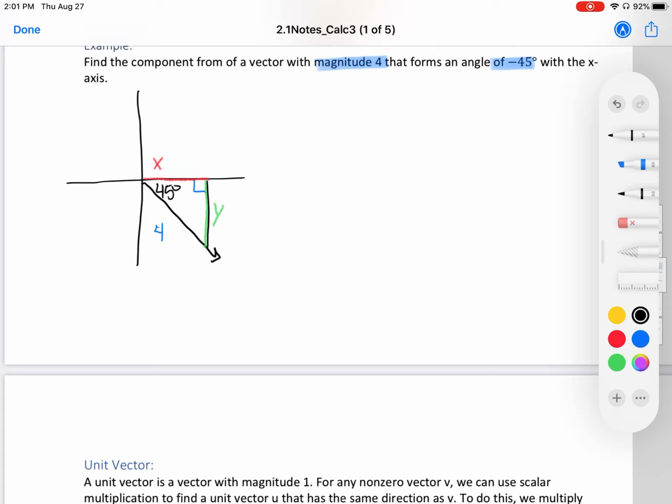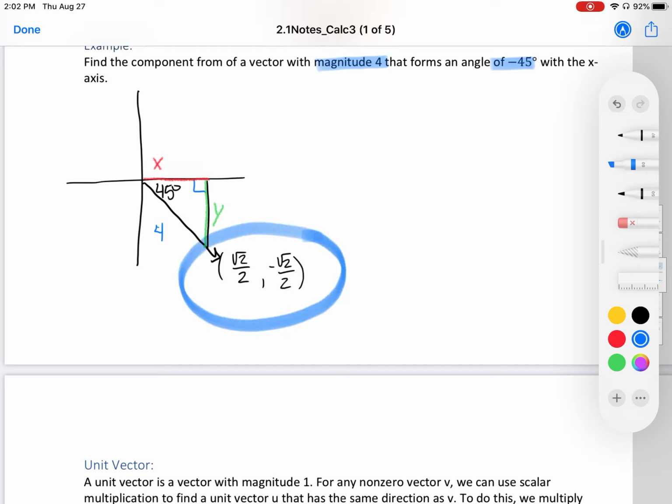That would be the same as 360 minus 45, and that gets us here. So we know that this is the point square root of 2 over 2, and negative square root of 2 over 2. I got this from your unit circle. So if you forgot, just bring one up.